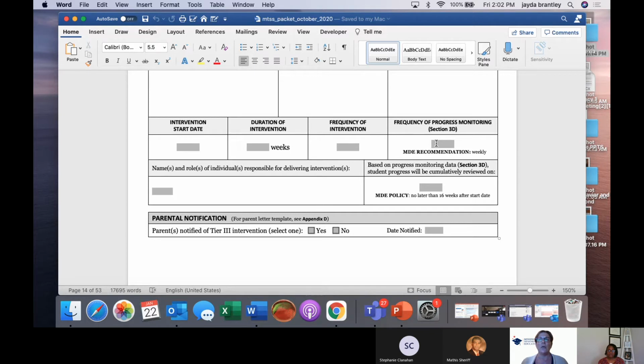Like, what if I make the wrong decision as far as how to do this, or what to provide for this kid? Well, that's why it's a team decision, so it's not just Jada Brantley making this decision about the student. We don't want anybody to feel like that, because it's doing what's best for the kids.